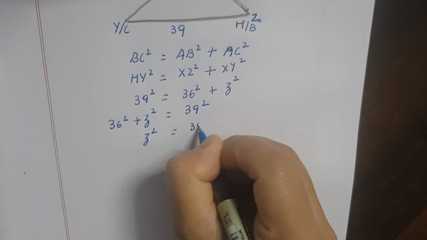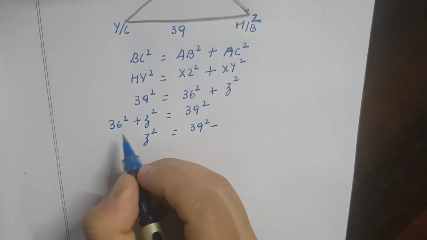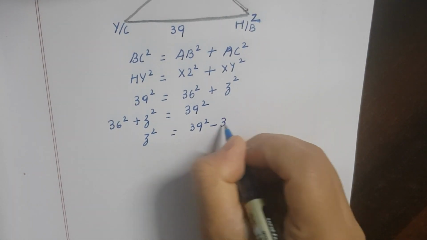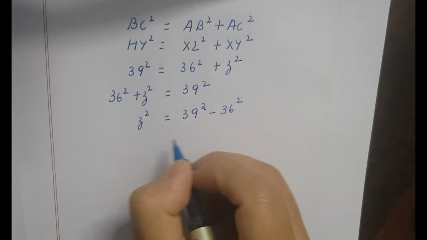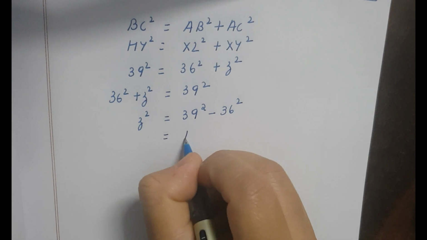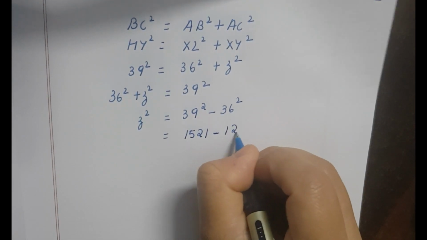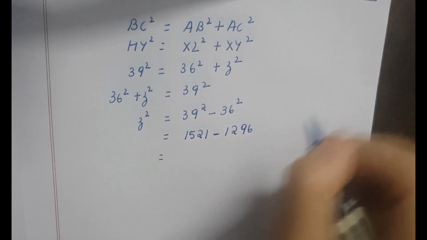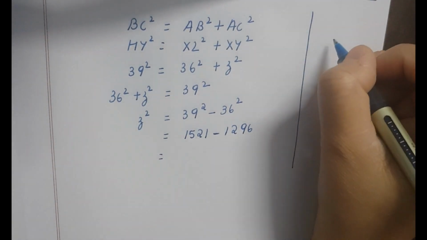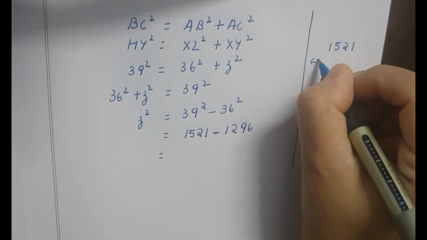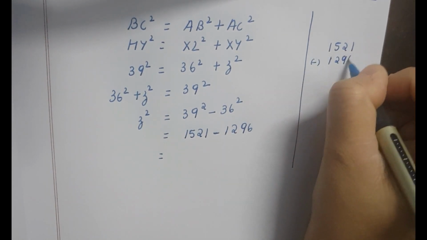So 39 square minus, ஏன்னா plus-ல் இருக்கிறது equal toக்கு இந்த side வந்துச்சுன்னா will become minus. So minus 36 square. So 39 square is 1521 and 36 square is 1296. So இப்போ இது ரெண்டையும் subtract பண்ணலாம். 1521 minus 1296.